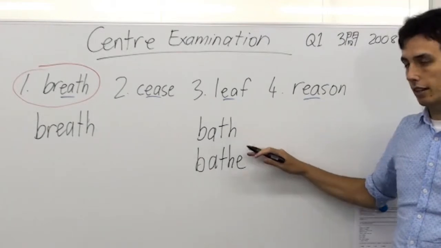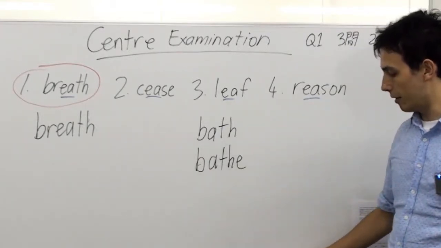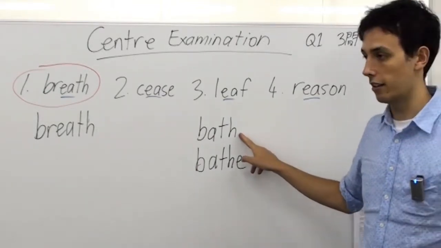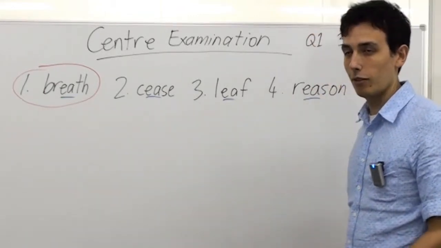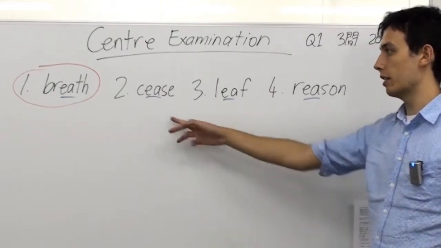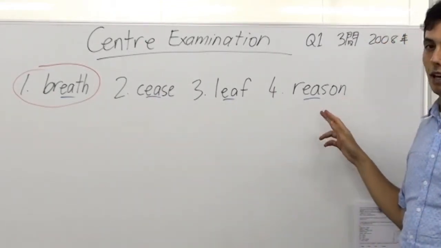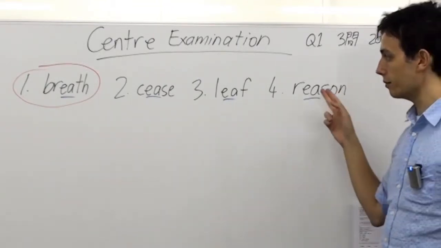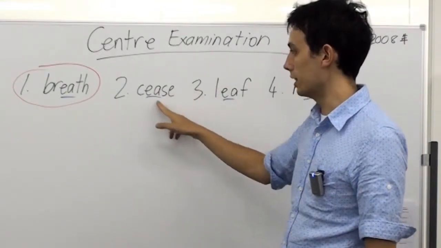See, we have bath and bathe. In American pronunciation, bath sounds like bath. I'm going to take a bath. In the case of breath and breathe, the E acts as a modifier to make this long sound. The same can be said for other vowels like O in reason or season. And here we have magic E, cease.